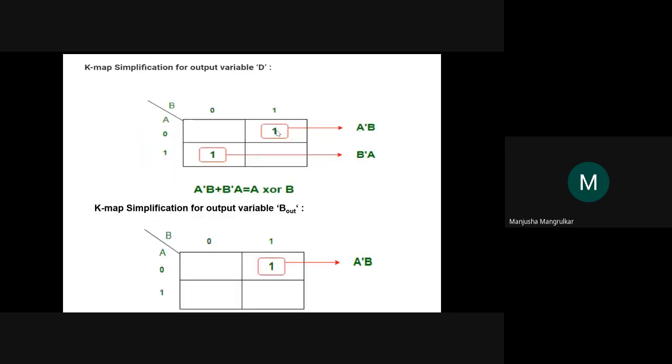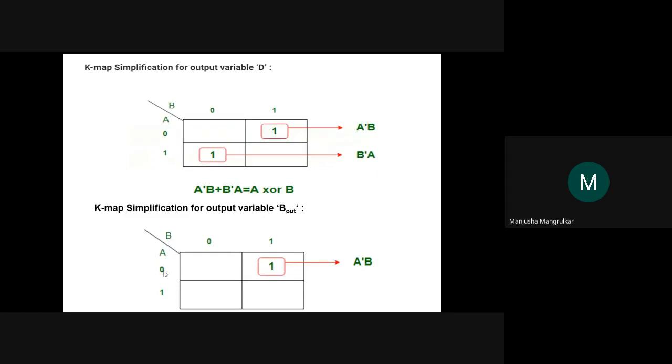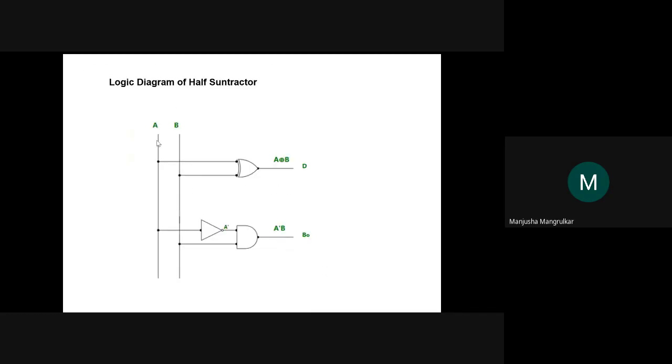Now this is A complement B, and this is B complement A. So again your two-input subtractor difference is A XOR B, and your borrow is only the borrow 0 1, which is A complement B. If you are designing this circuit, the same as before, it is A XOR B, and A complement, this is the complement NOT gate, A complement and B.